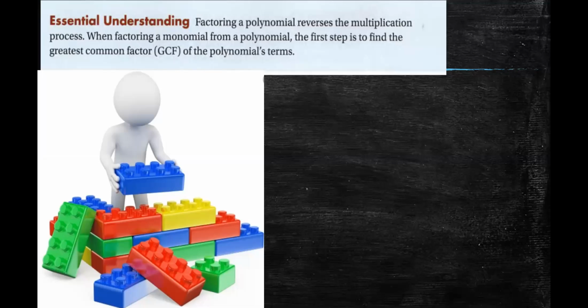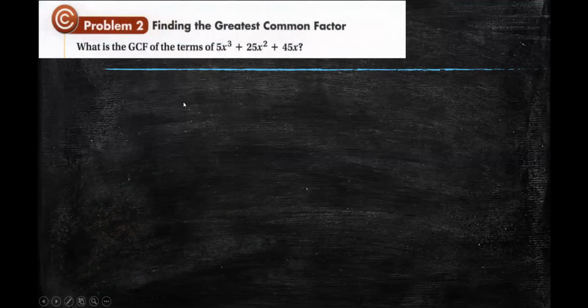Before that, first we will learn how to find the greatest common factor, or the GCF. Let's learn how to find the GCF of 5x cubic plus 25x squared plus 45x.